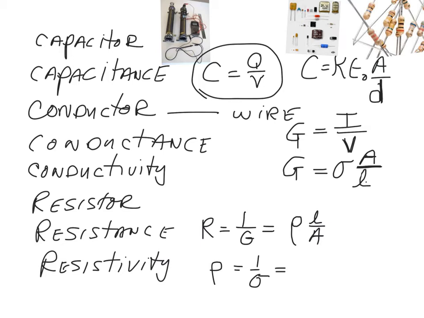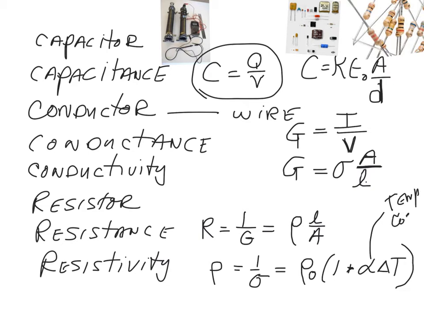And so the other equation that you'll see on your equation sheet is the relationship between resistivity and temperature, and it looks like this. So this alpha is called the temperature coefficient.